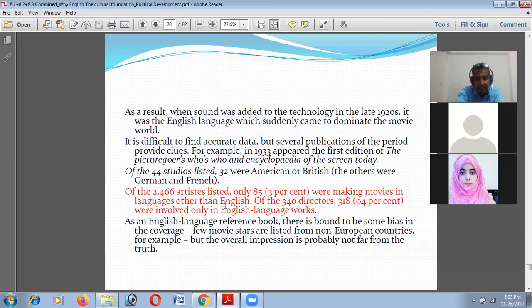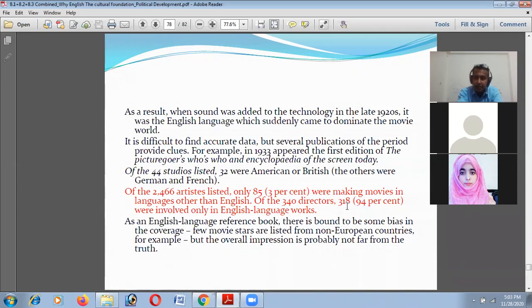Of the 2,466 artists listed, only 85% were making movies in languages other than English. Of the 340 directors, 318, or 94%, were involved only in English language work. So in the case of movie directors, we see the ratio that out of 340, 94% had been working in the English language.